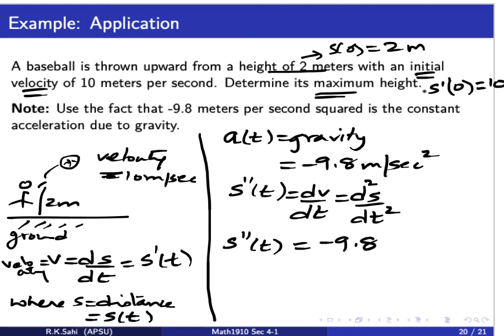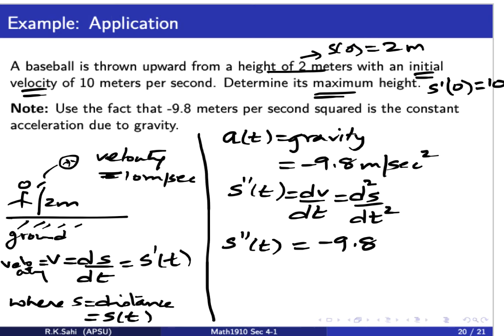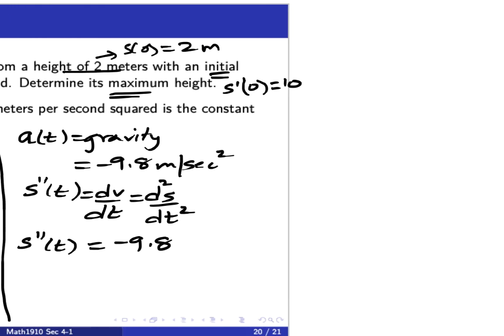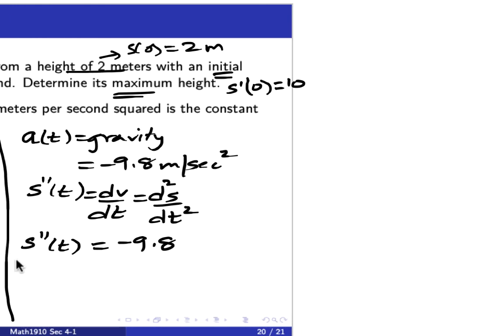We want to find the maximum height, guys. Let's go ahead and solve this. The first thing is we're going to find s of t, so we're going to be integrating.